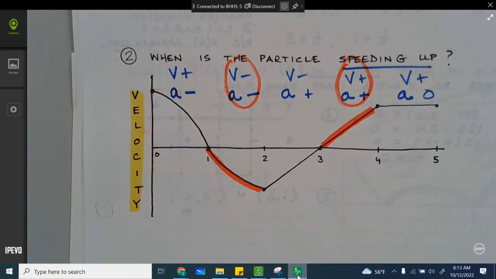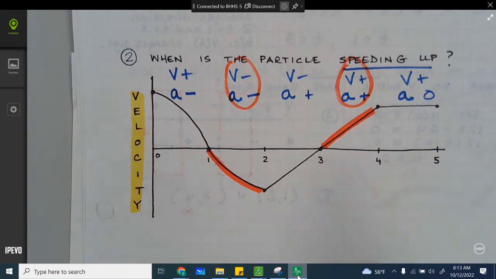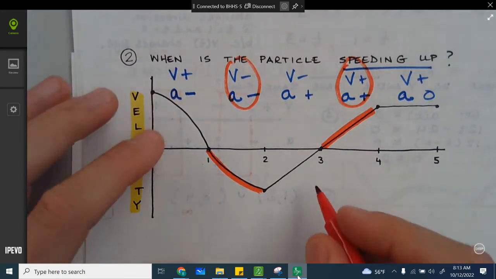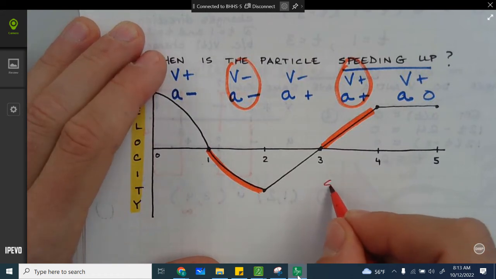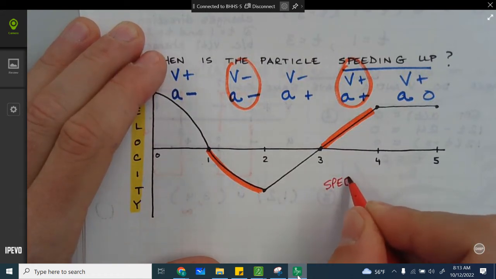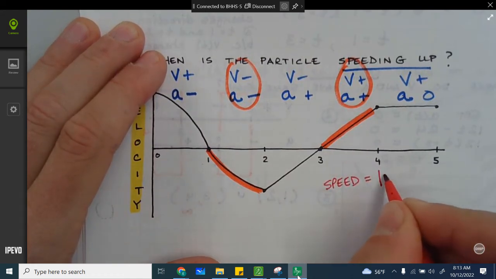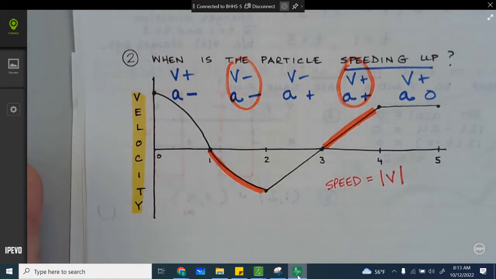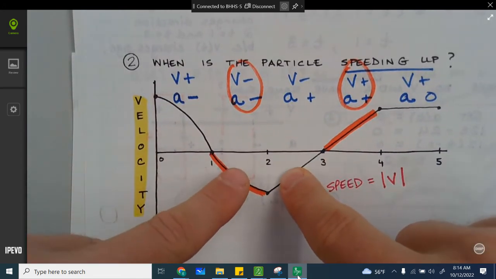There is another option for finding when it is speeding up when you're given a graph. And so I'm going to show you that second one. Remember the relationship between velocity and speed. That speed is equal to the absolute value of the velocity. So if you wanted to turn this into a speed graph, you could do that. You would just take this segment down here.